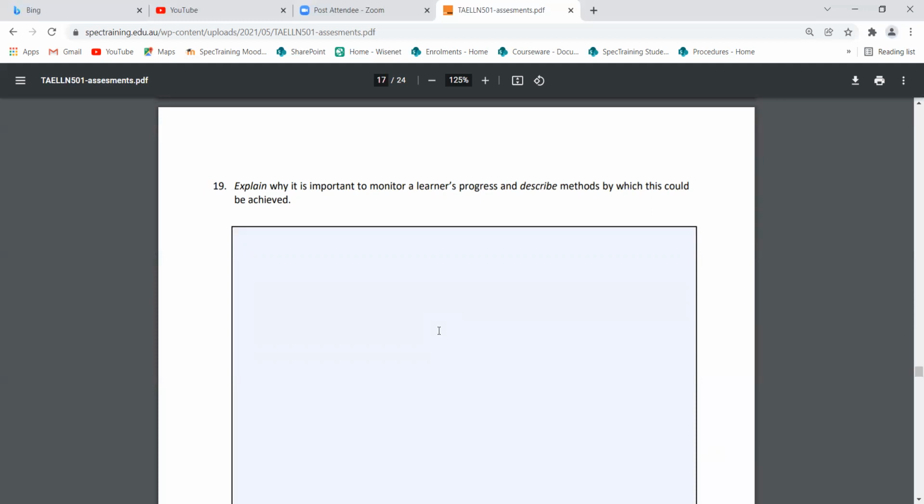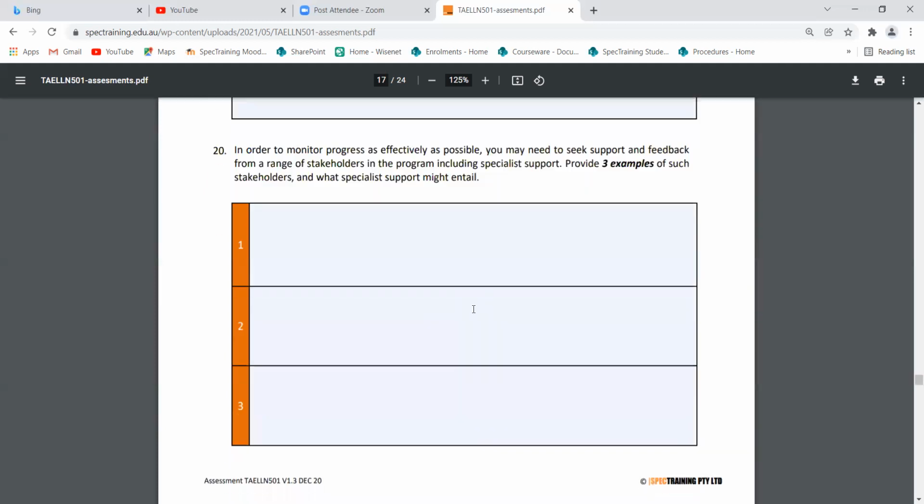We could talk about feedback from LLN specialists, okay? And we could say all of those things will lead to us being able to better support our learners, and they're going to be able to guide the approaches that we take, okay? You can certainly expand on that a little bit more, okay?